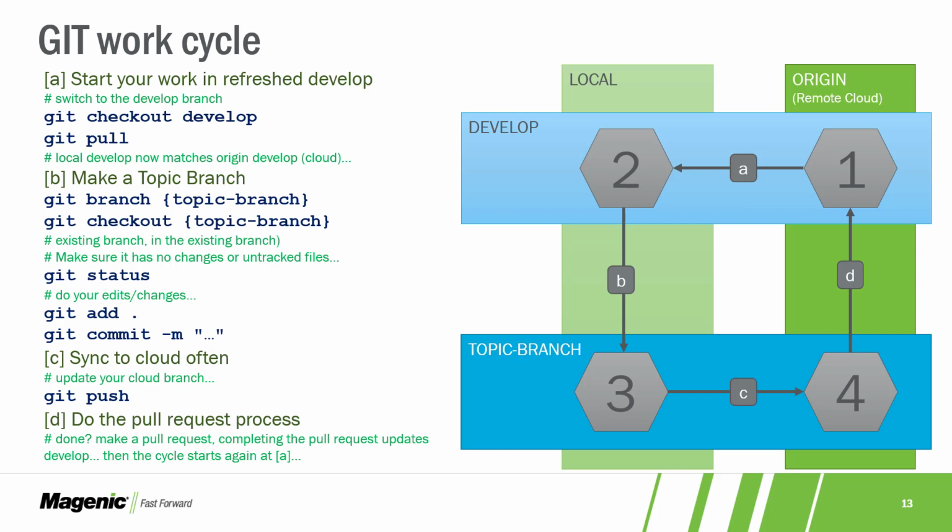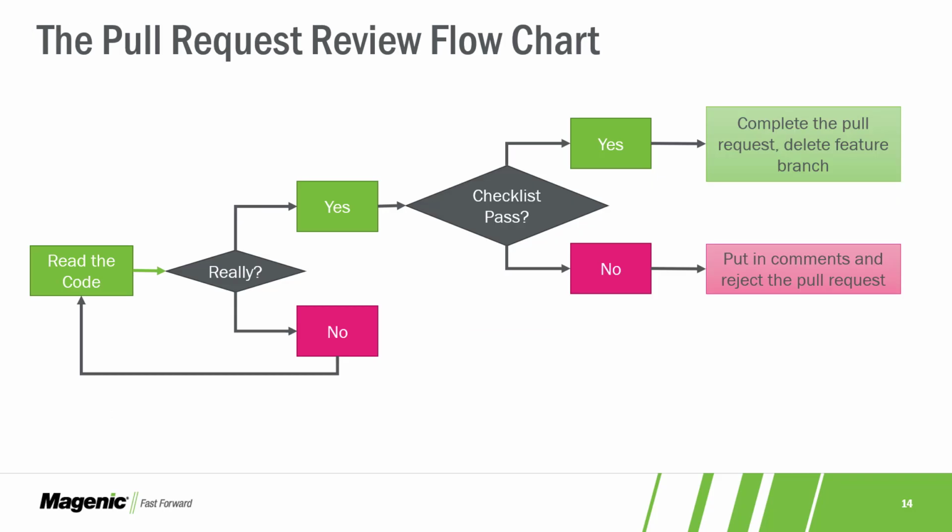And a pull request says, I would like the code that's in my topic branch to join the develop branch and be part of the value stream that goes into environments. And so this is the basic work cycle, and you're going to want to do that over and over again during the day.